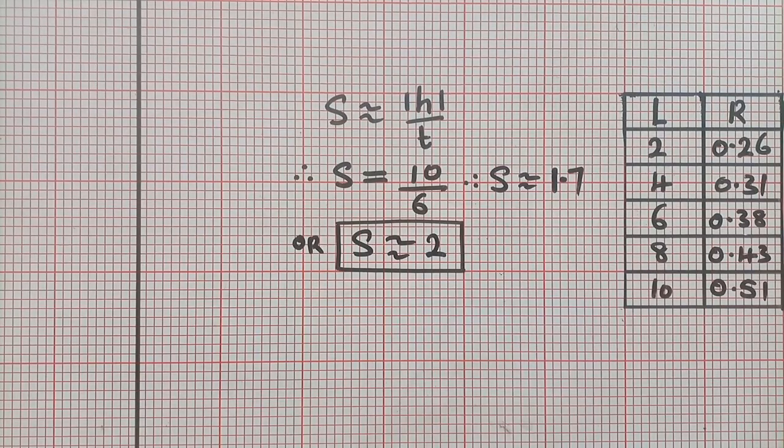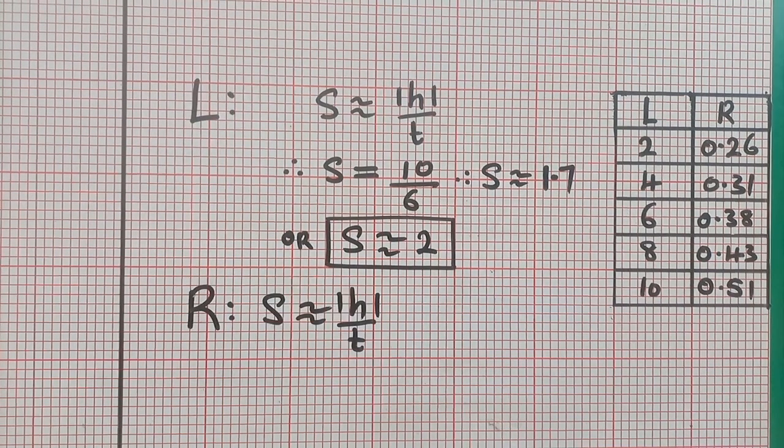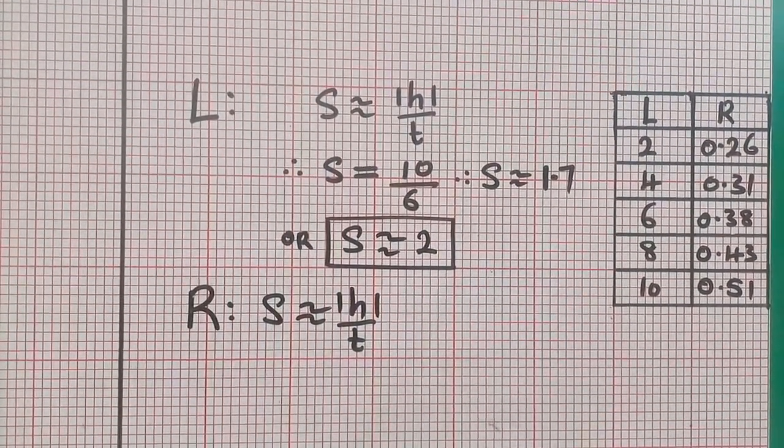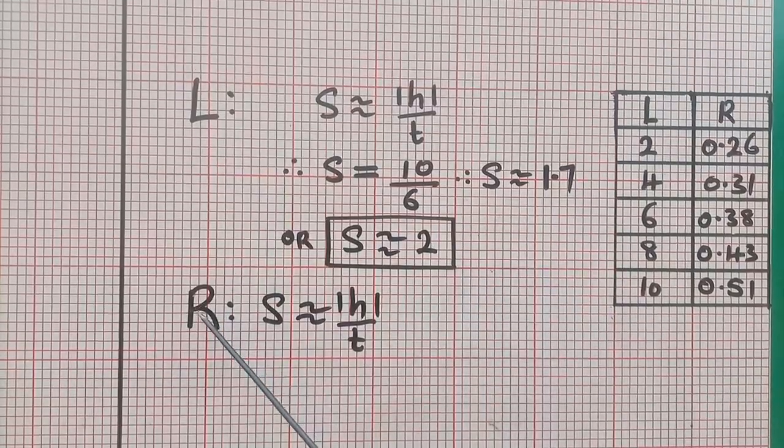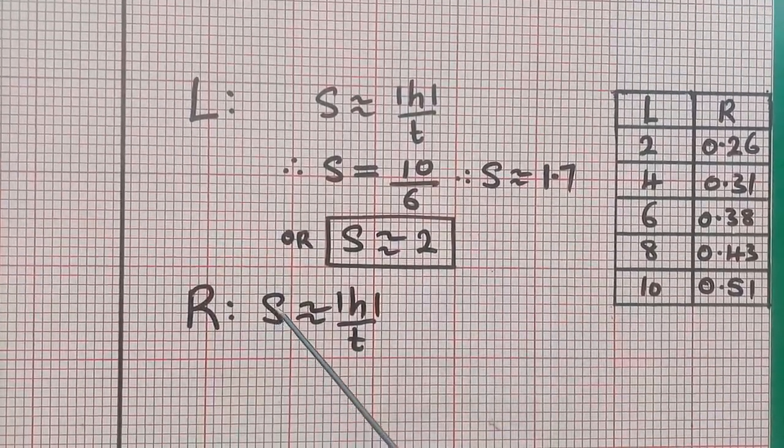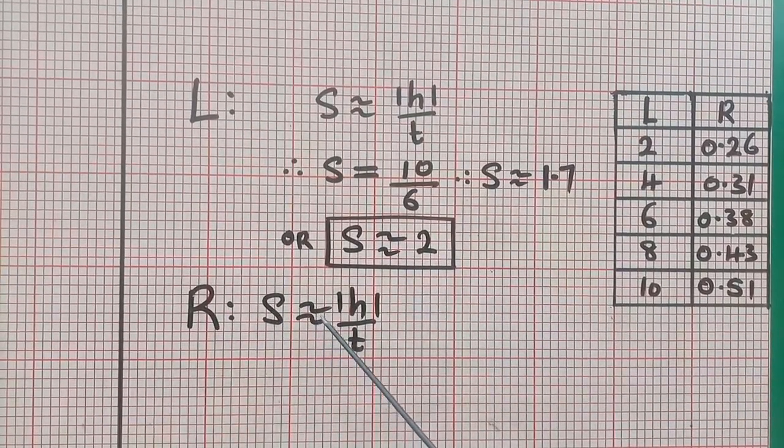So far, we are happy to see that we have gotten the value of scale for the horizontal axis. Scale is approximately equal to 2. Let's do the same thing for the r-axis, the vertical axis. In like manner, for the r, we have it that the scale is also approximately equal to h over t.